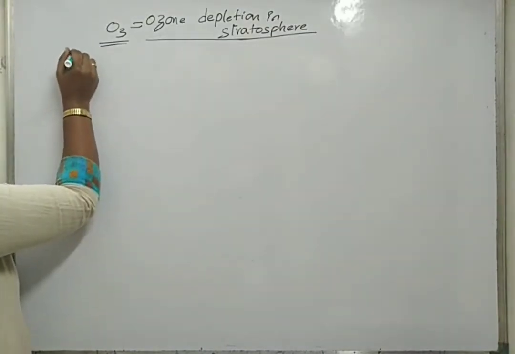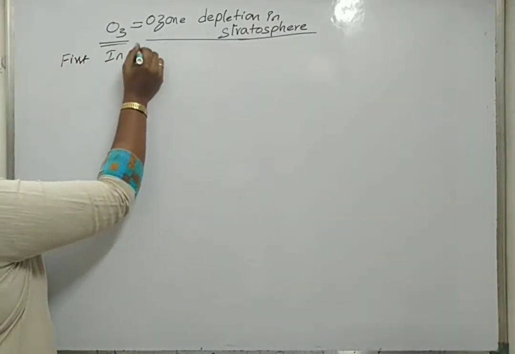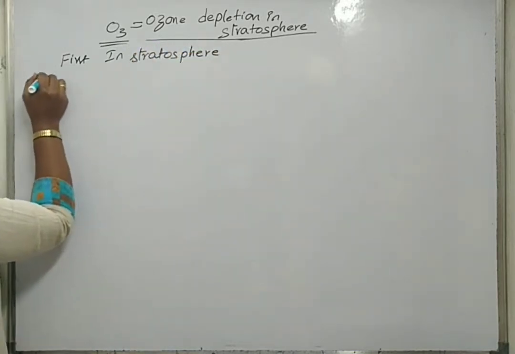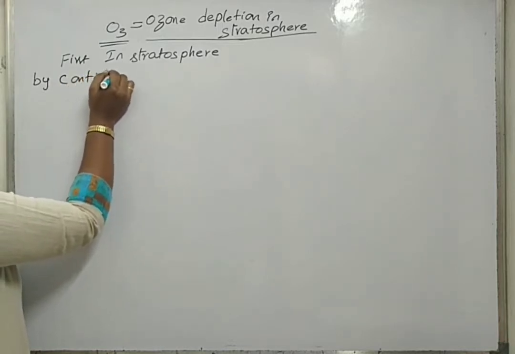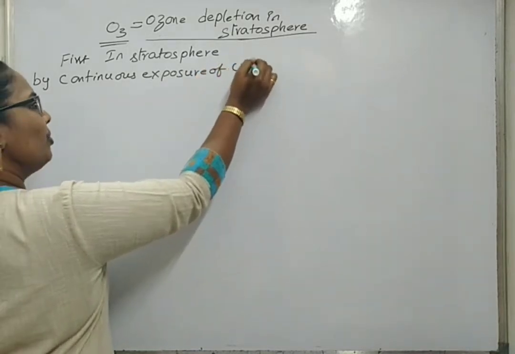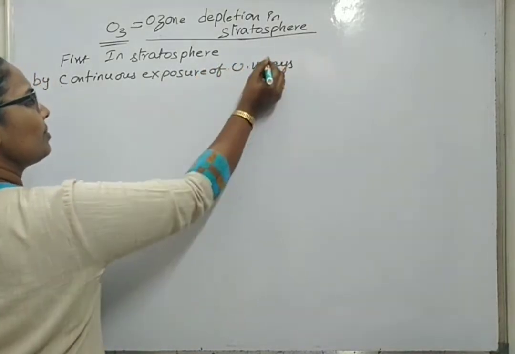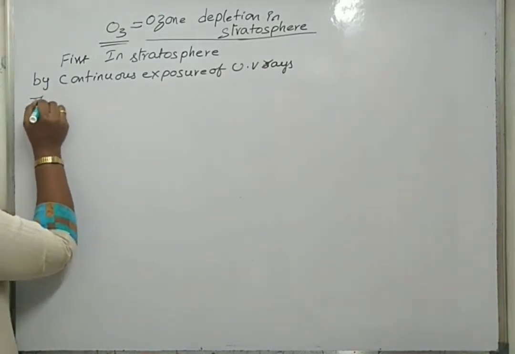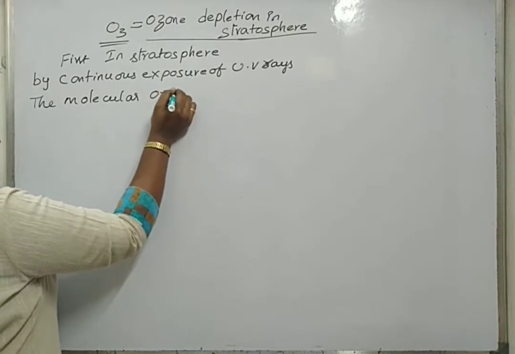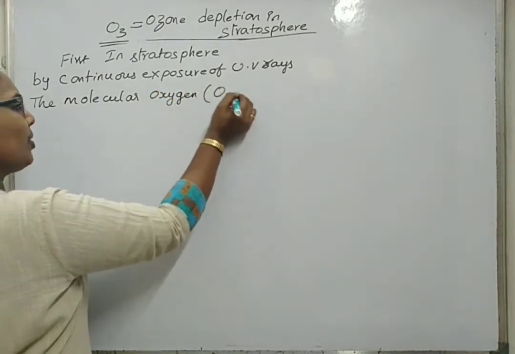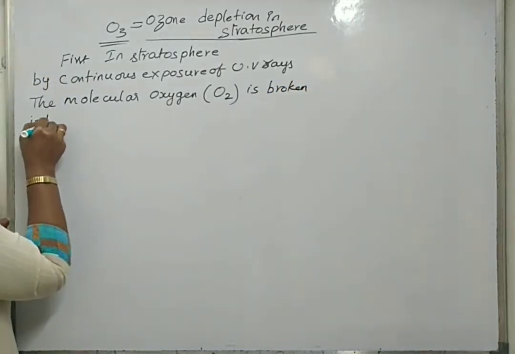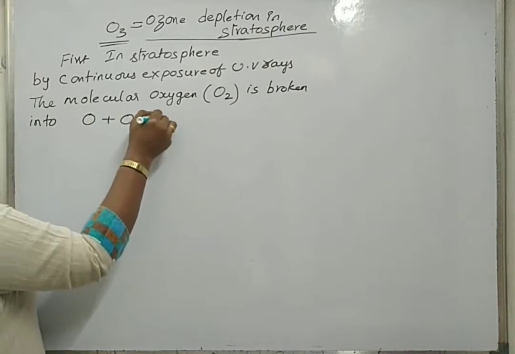So first, in the stratosphere, by continuous exposure to UV rays, molecular oxygen, which we represent as O2, is broken into oxygen plus oxygen atoms.